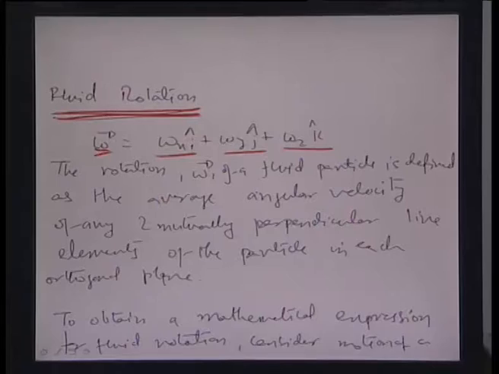That is how you ascertain the average angular velocity of rotation of two mutually perpendicular line elements of the particle in each orthogonal plane. Okay. So let us obtain a mathematical expression for this, and it will be a generic expression because it can later be translated to the case where the angle between the planes changes as the rotation goes on, which is also the case of shear deformation, the third case. So let us look at that aspect.